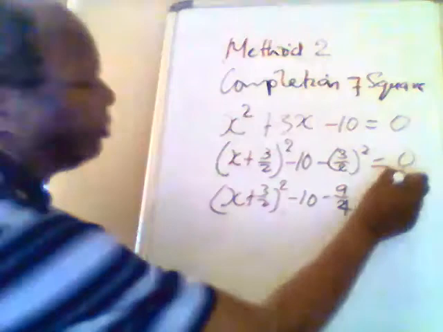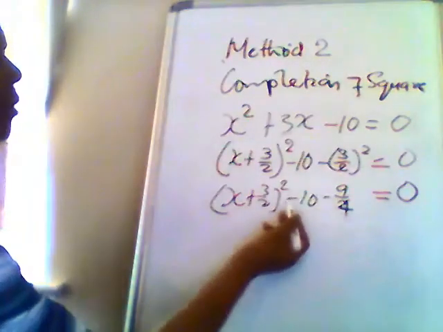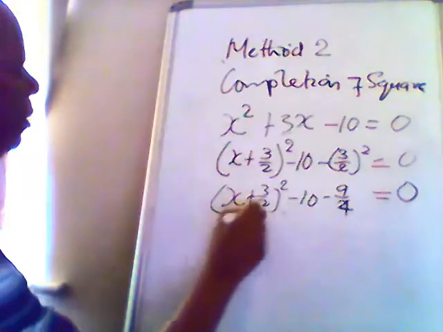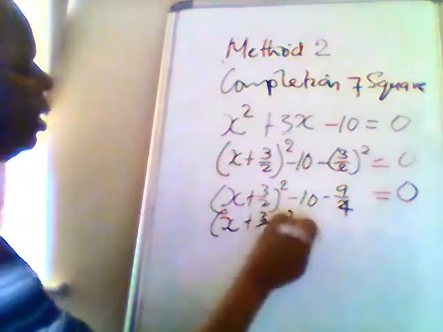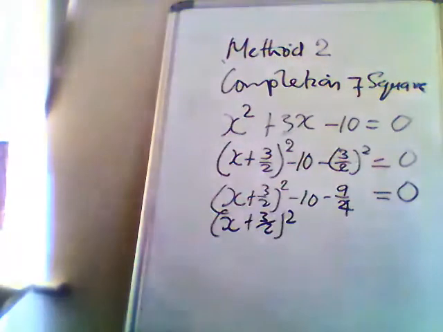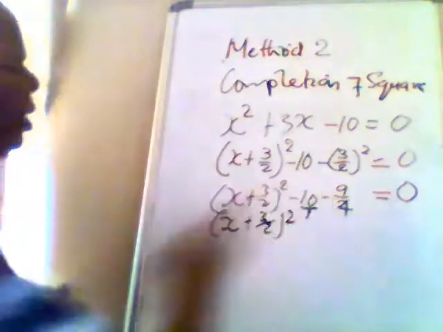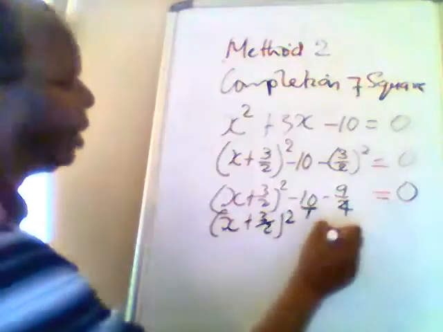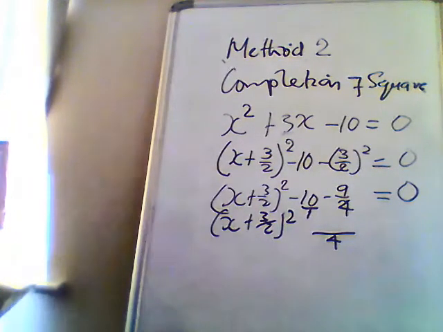which equals 0. Okay, so I need to add these, because you have seen minus here. So I'm going to have x plus 3 over 2 squared. Now 10 is going to be what? I can take this over 1, common denominator is 4, if I want to do a long addition.